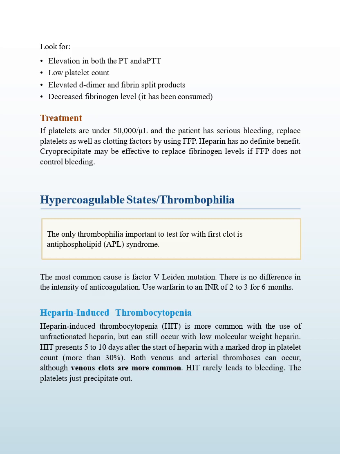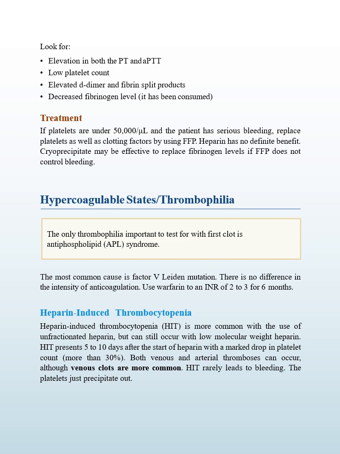So basically, in this slide, we have to look for elevation of both PT and PTT. We need to look for low platelet count and elevated D-dimer and fibrin split products. Also, we need to see decreased fibrinogen level. The treatment is the following.